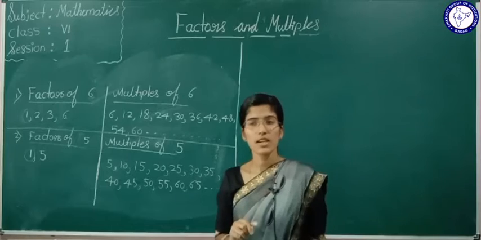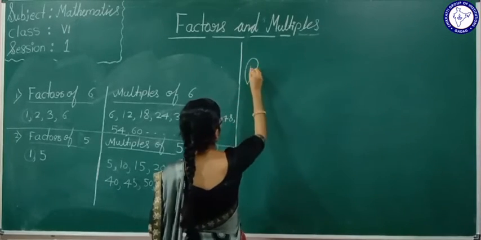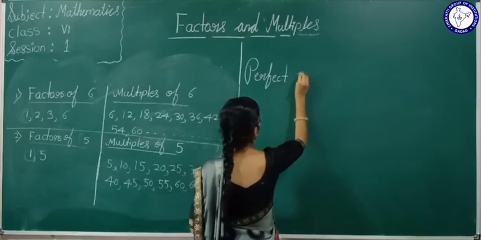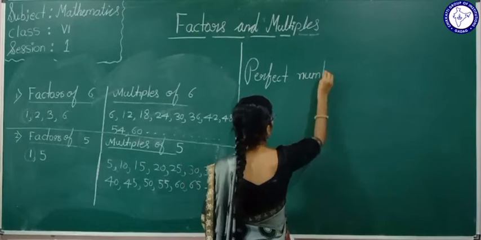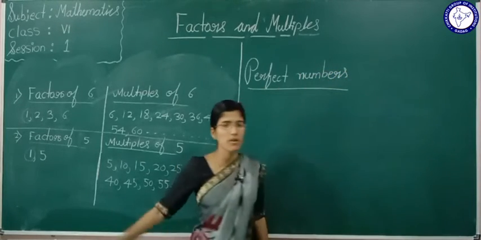Now the next concept, the next definition, is perfect numbers. So we will see what perfect numbers are.